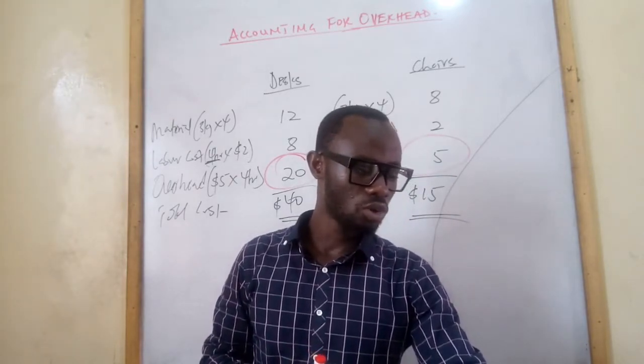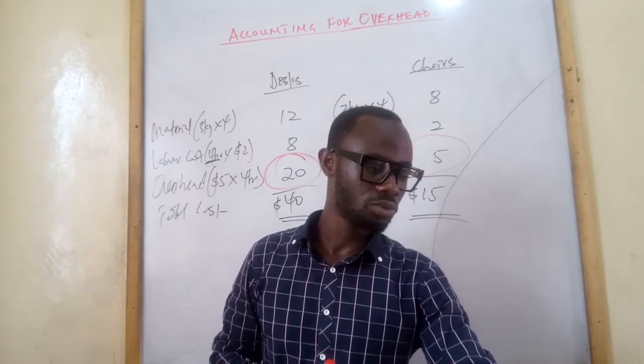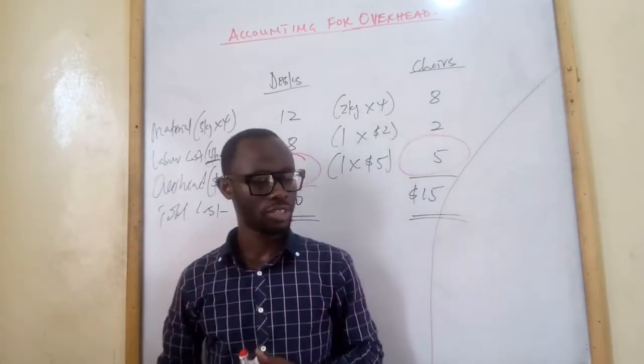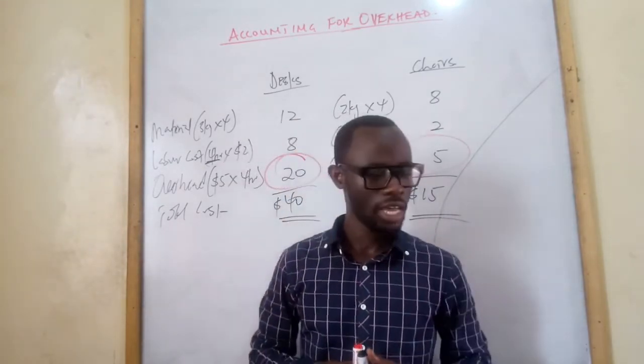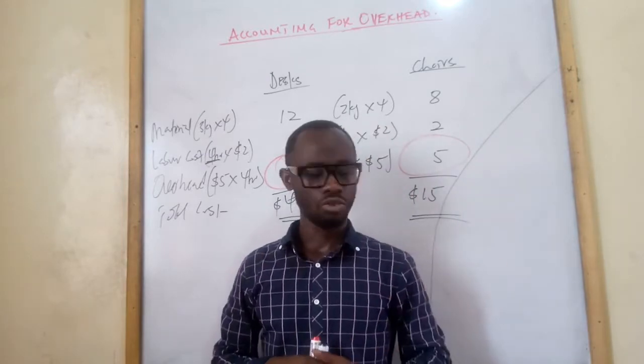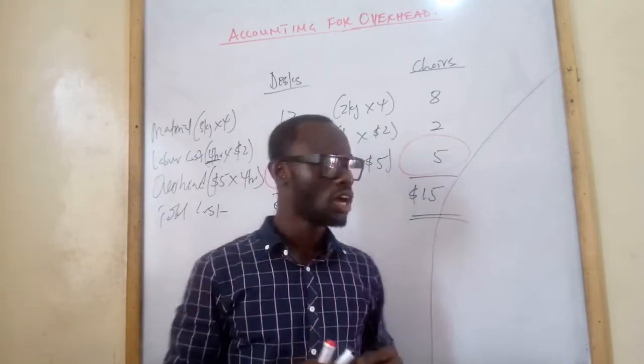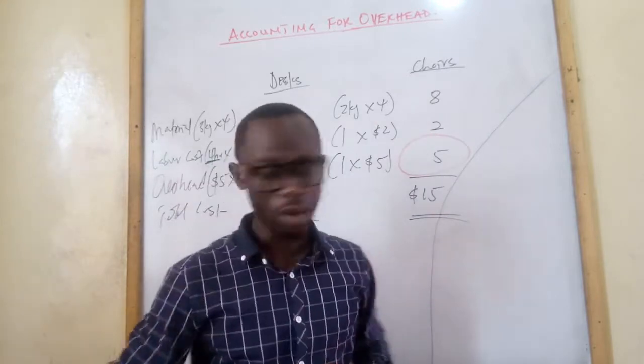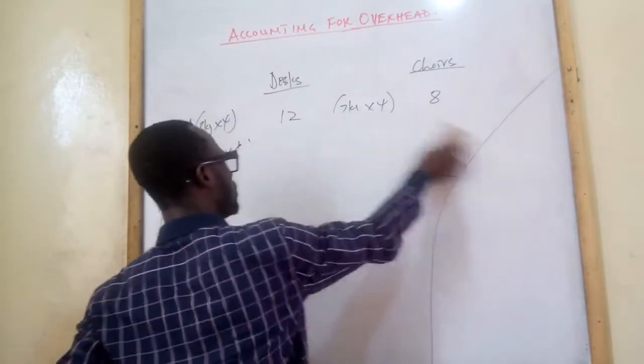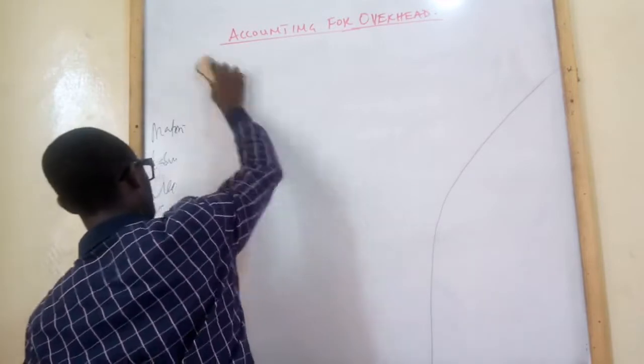Now, I am not going to go through all these things with you because there are some things that are fundamental, but I have them in the handout, so you can go through them in the handout. But I'm going to give you a guide on how these things will be done.